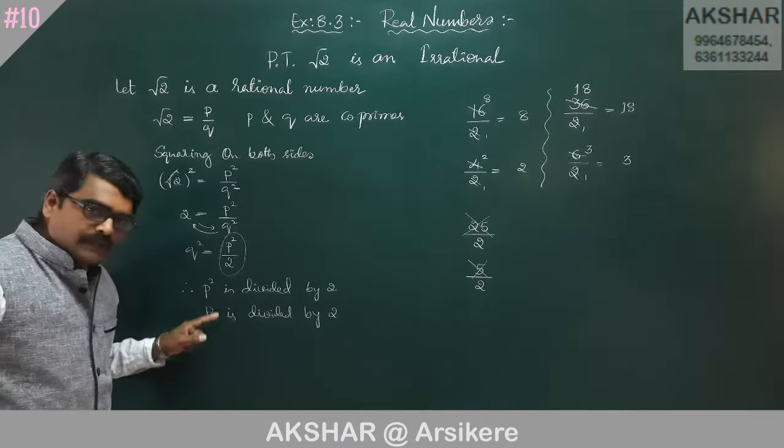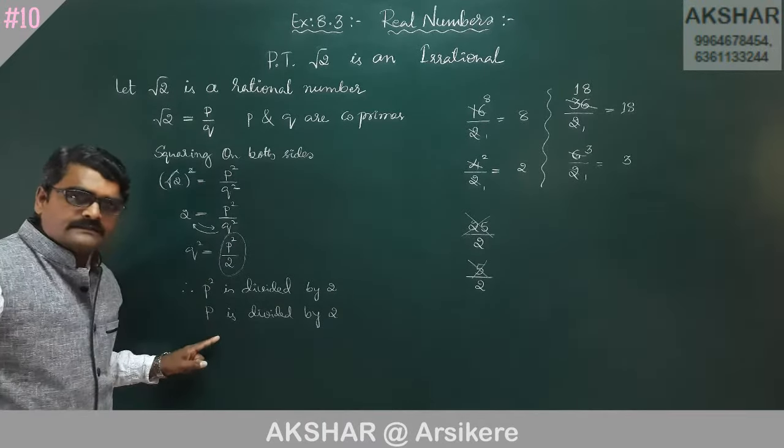Yes, it means, remember this is a very important statement, it means p square is divisible by 2 means p square is a multiple of 2, or we can say this, 2 is a factor of p square. Can we say like this also? Yes my dear children, here p is divisible by 2 means p is also a multiple of 2.